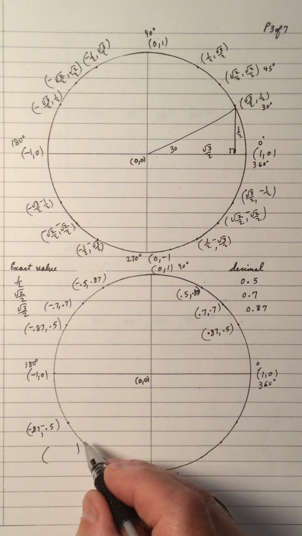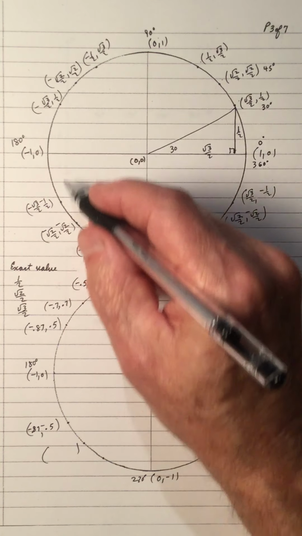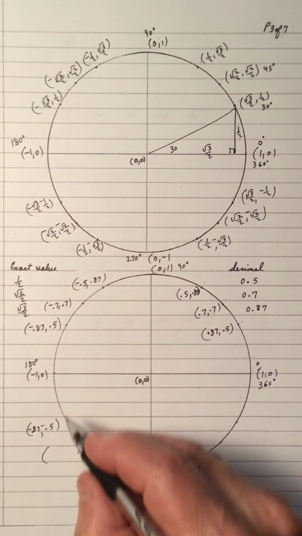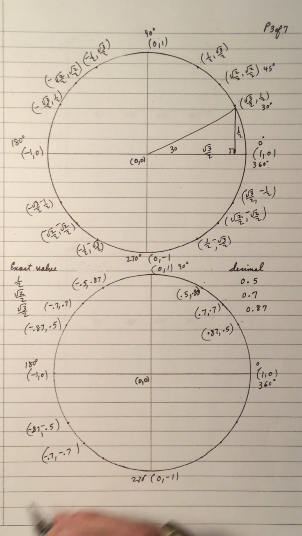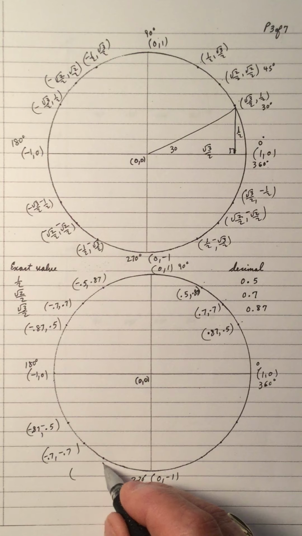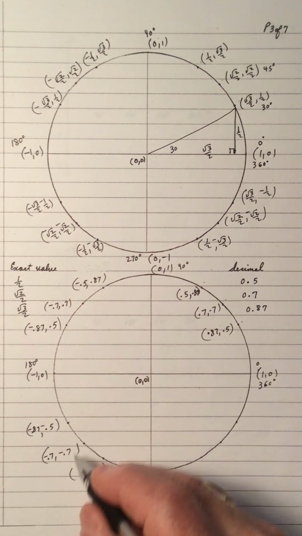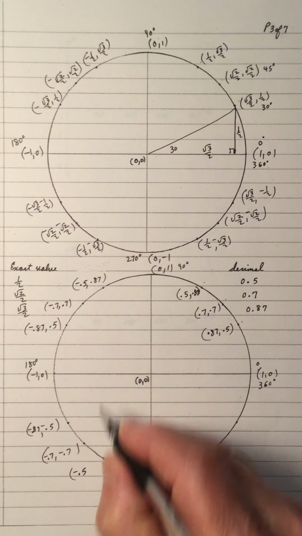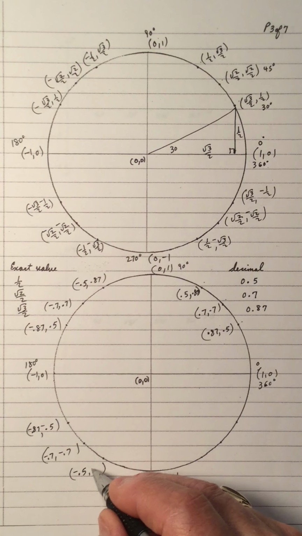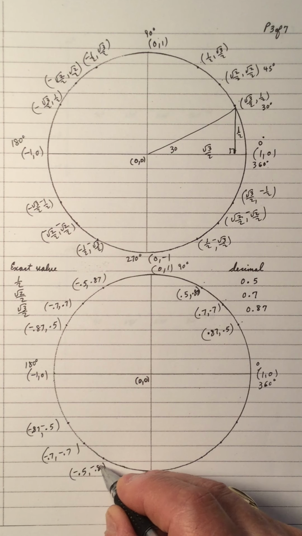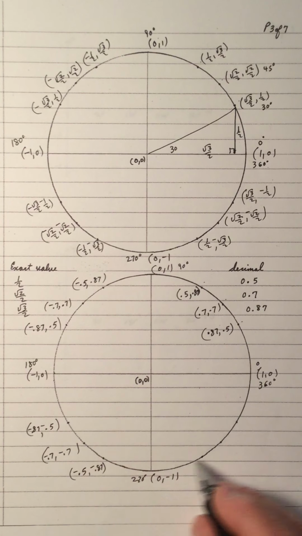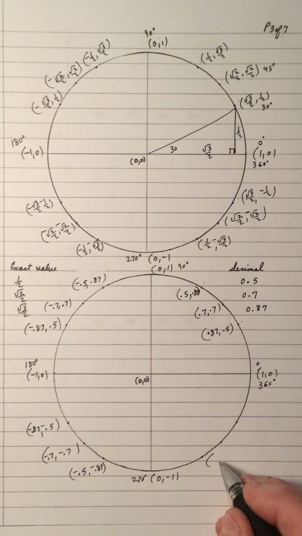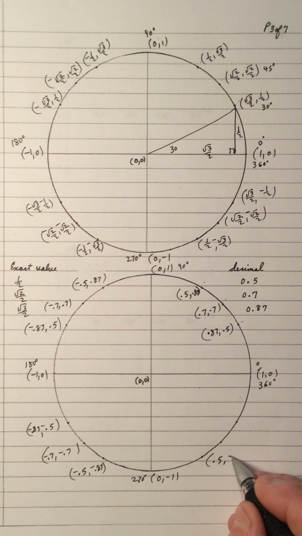And this one is root 2 over 2, both negative, so it's a negative 0.7 and a negative 0.7. And this one is a negative 1/2, so it's a negative 0.5. And root 3 over 2 is negative 0.87. And we go over here and we get the x, that's a negative 0.5, so this is a positive 0.5, but the y stays.